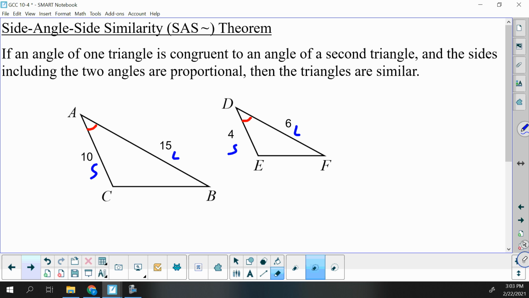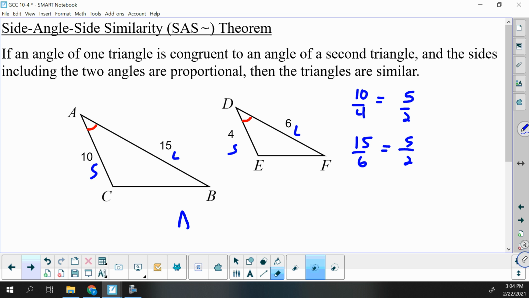So if we do our small over our small, 10 over 4 reduces to 5/2. If we do the large over the large, divide those by 3, and you also get 5/2. So on either side of our congruent angle, we have sets of proportional sides. So we could say these triangles are similar by side angle side similarity.